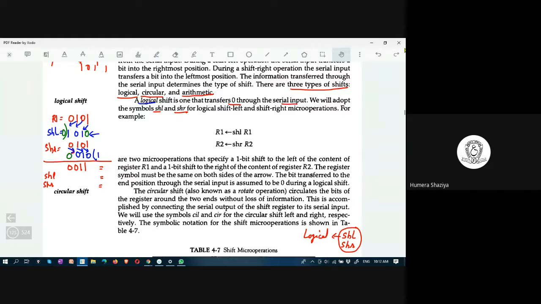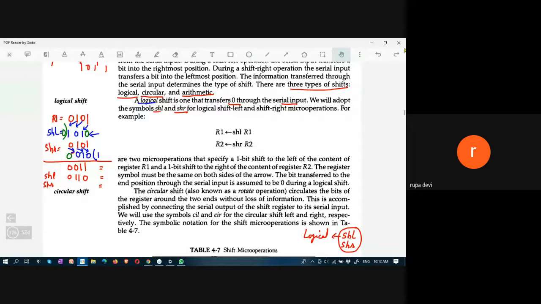Yes, students, anyone has done it? Ma'am, shift to left is 0110. Shift to right is 0011. No, ma'am, it's 1001. 0110 is left or right?